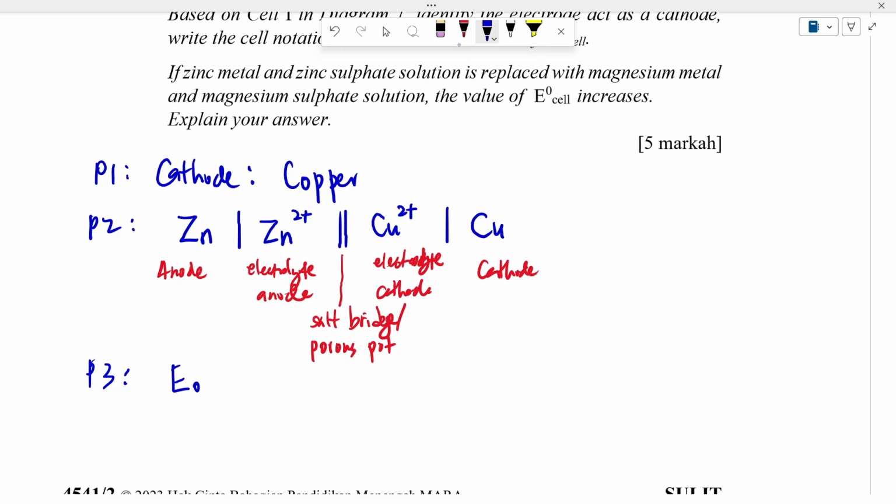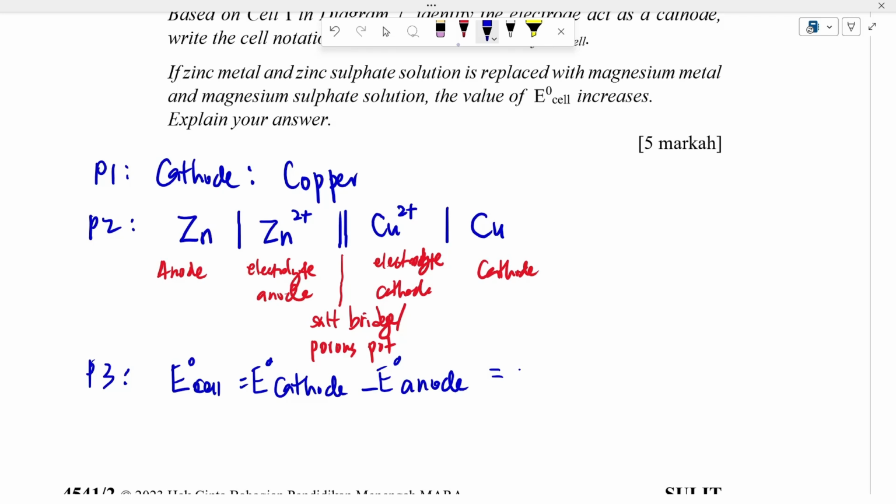E0 cell, sorry, E0 cell is the cathode minus anode. E0 cathode minus the E0 anode. Okay, so class, go to find E0 cathode is what?